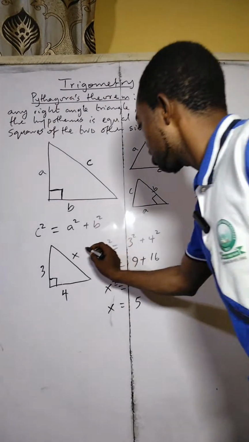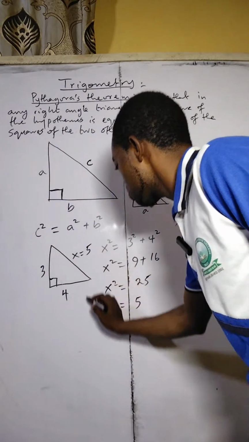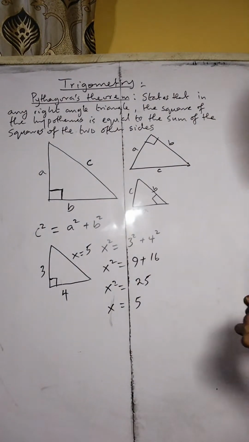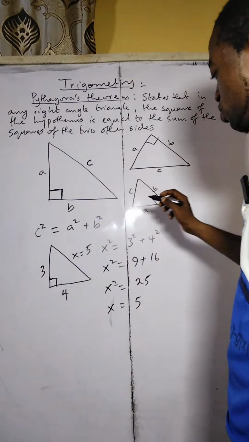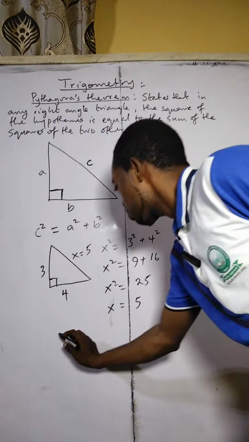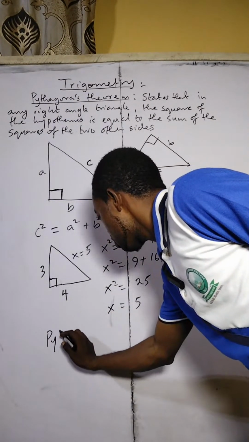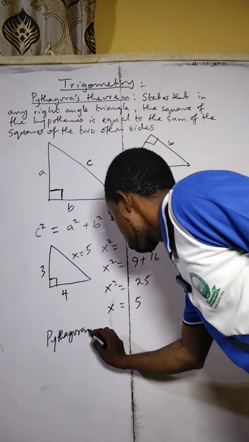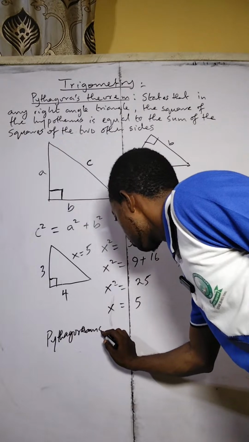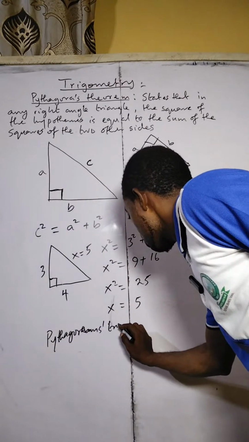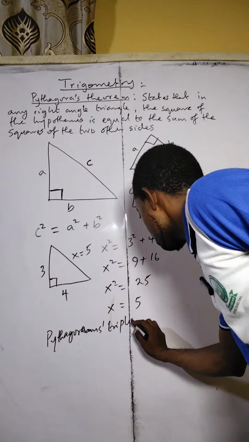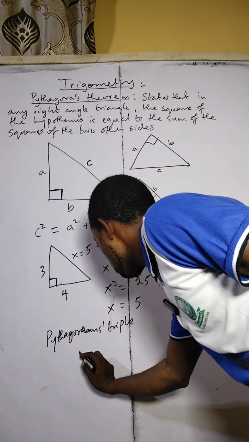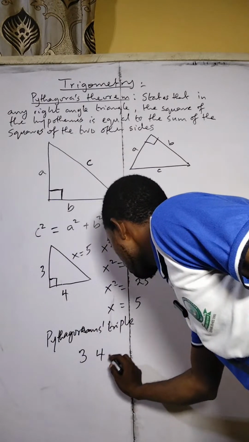And we have something called a Pythagorean triple. By Pythagorean triple, we mean three numbers that satisfy Pythagoras theorem, like 3, 4, 5.